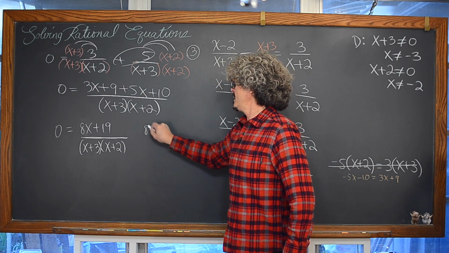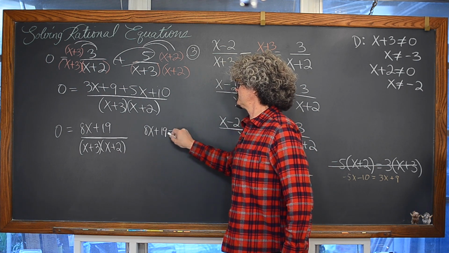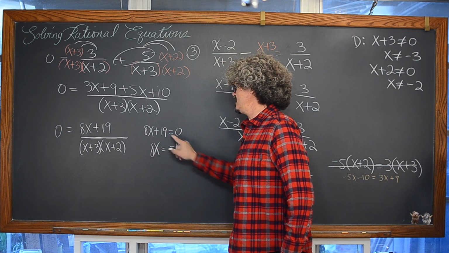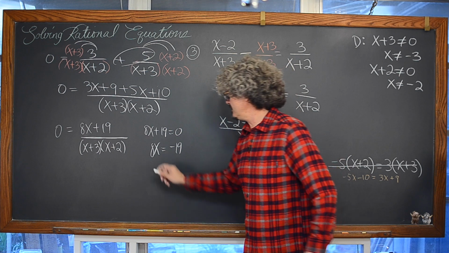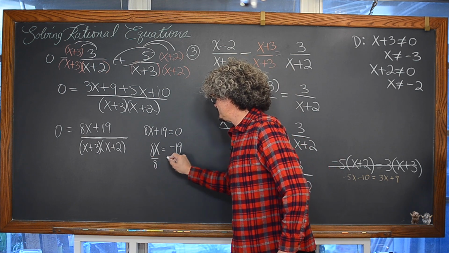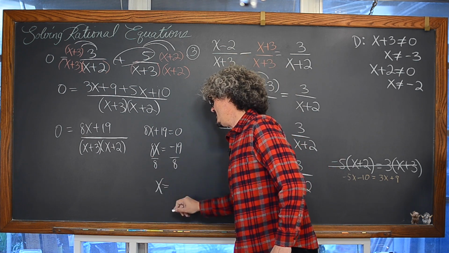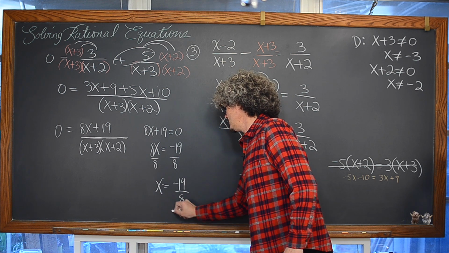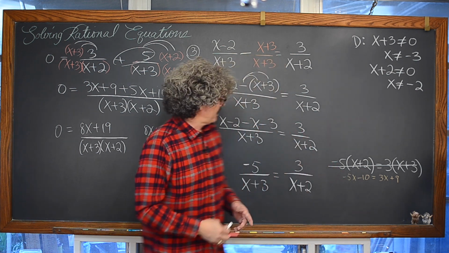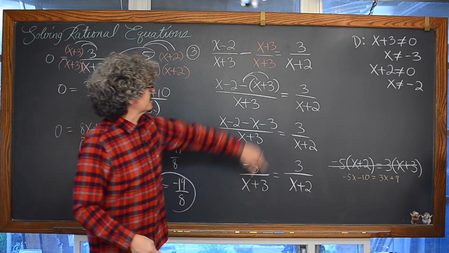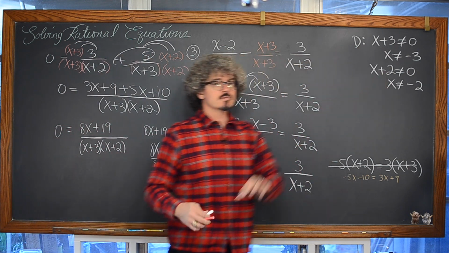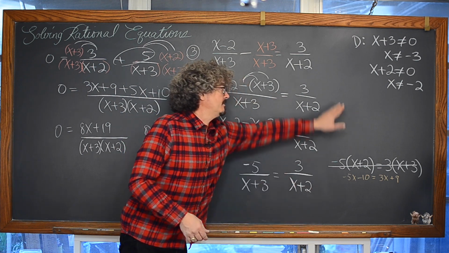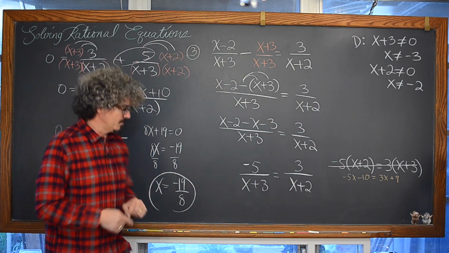So we have 8x plus 19 is equal to 0. We have 8x is equal to negative 19 after subtracting 19 from both sides. And then dividing by 8, we have our final answer of x is equal to negative 19 over 8. A value which is not extraneous, because the only restrictions on our domain are that x cannot equal negative 3 and x cannot equal negative 2.